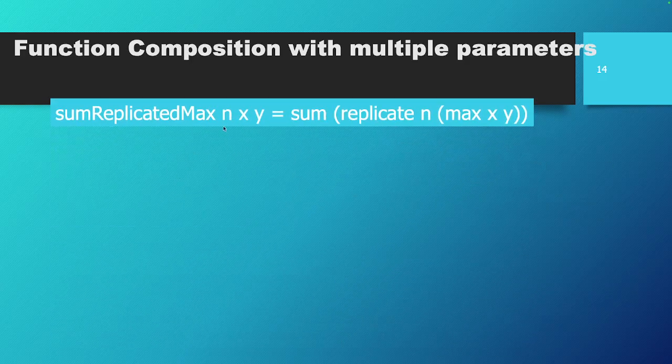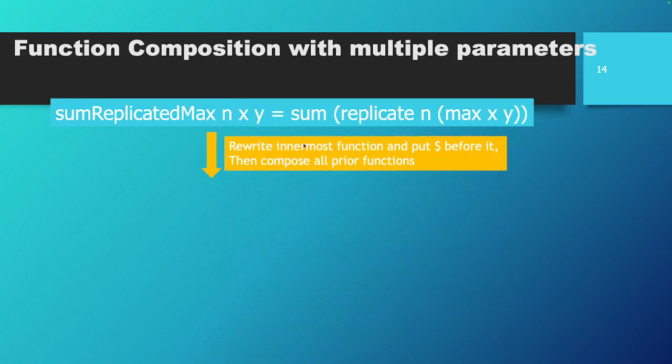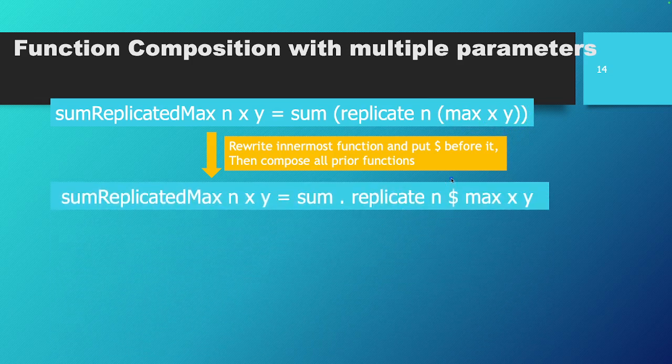This one here, we had 5 in here, but we're going to change that to n and put that in as a parameter and argument, and then obviously our x and y as well. We're going to write the innermost function and put a dollar beside it. So that's this one done here.